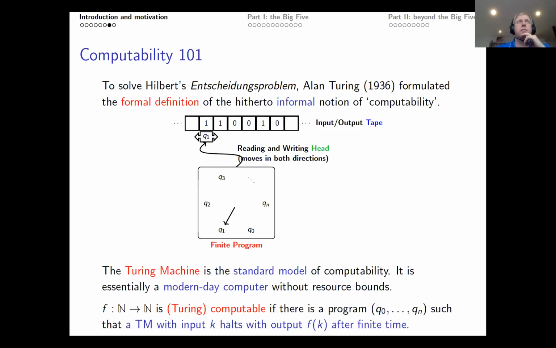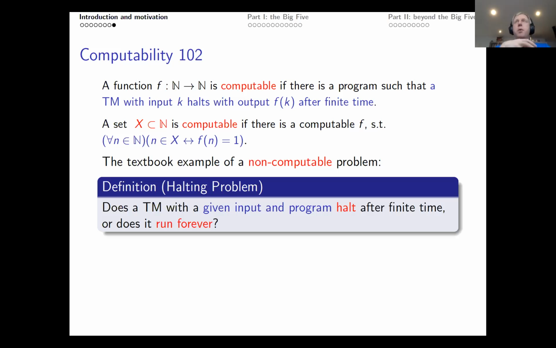A set is then computable if there's a computable characteristic function. And of course, Turing also gave us, he said, look, this is what it means to be computable. Now I'll give you an example of something that is not computable, a textbook example, and that's the halting problem.